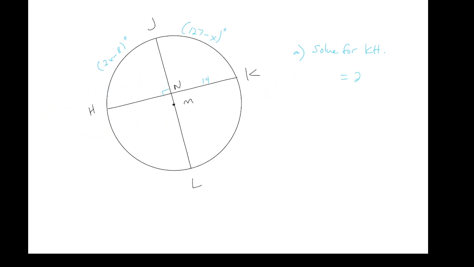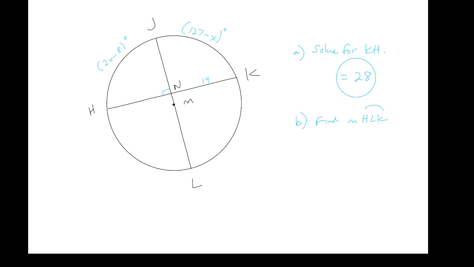If NK is 14, then HN and NK, when we have that perpendicular relationship between JL and HK, between the diameter and a chord going through that diameter, then boom, we've got congruent segments, HN and NK, therefore together 14 and 14 is 28. We're now going to find the measure of arc HLK.